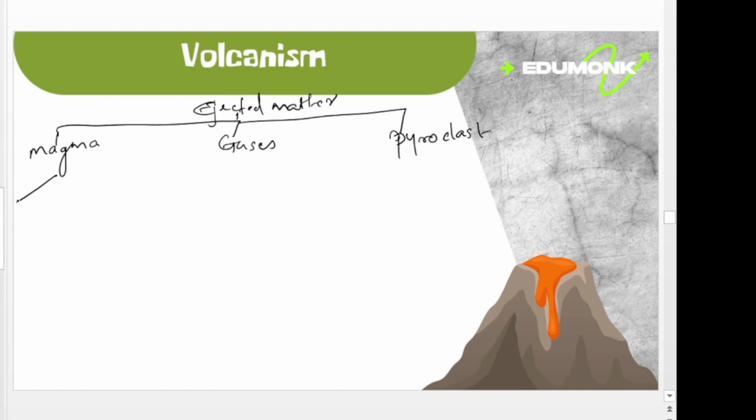This magma can be classified into two: acidic magma and basic magma. In these gases, which include 70% of water vapor.